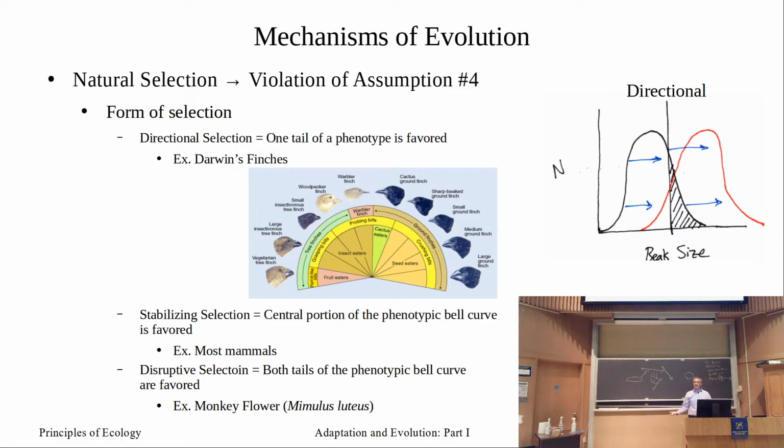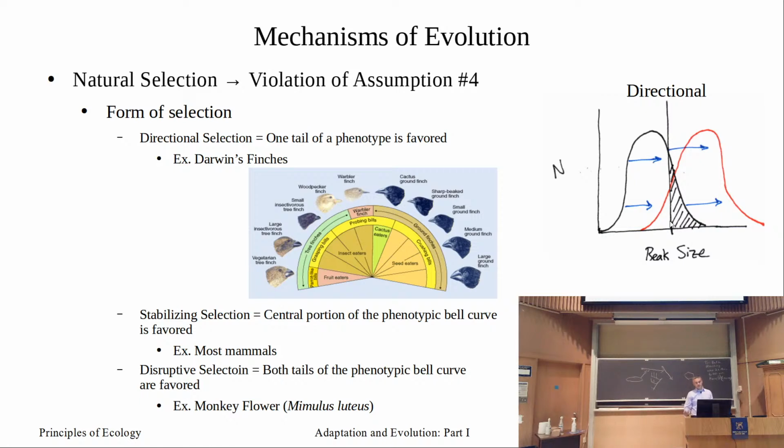But in reality, a lot of our traits are what we call quantitative traits, so there are multiple loci that control them. And it's not just whether you have the trait or not, but our trait now takes a range of values. So we have selection on that range of values. Directional selection is a situation where one of our tails is favored.